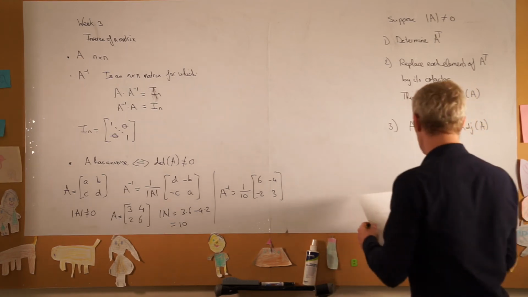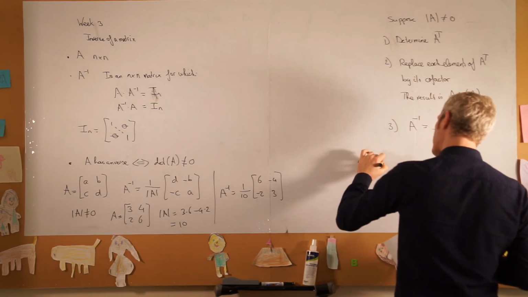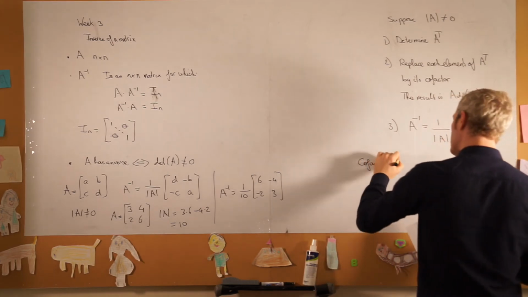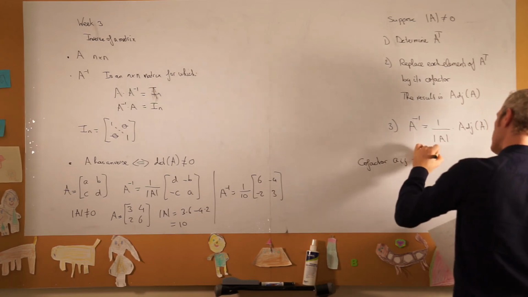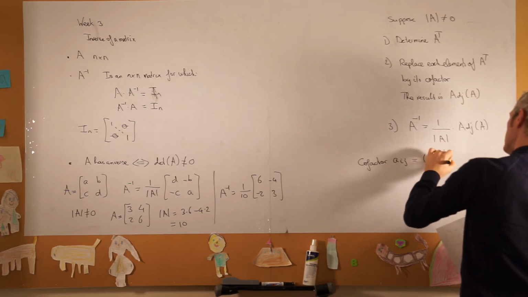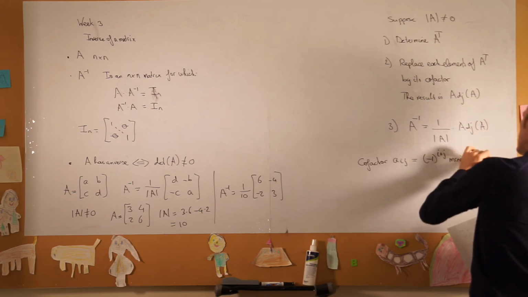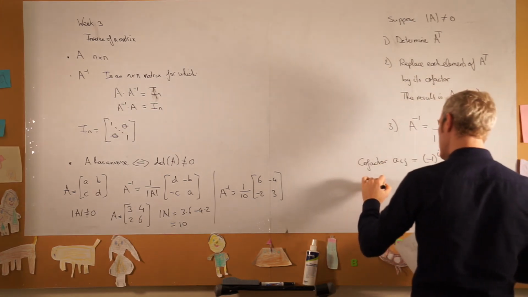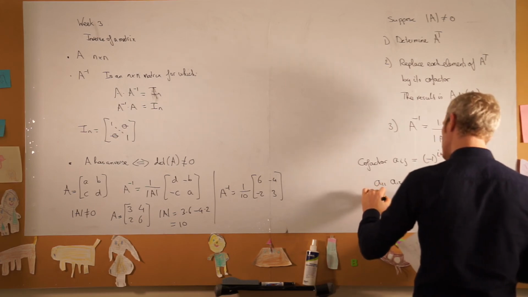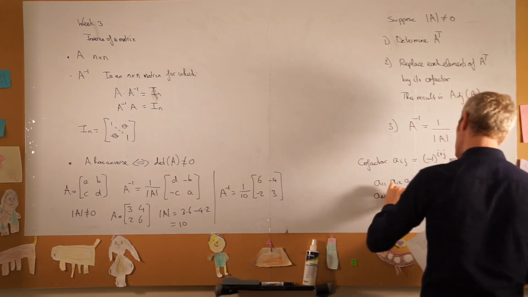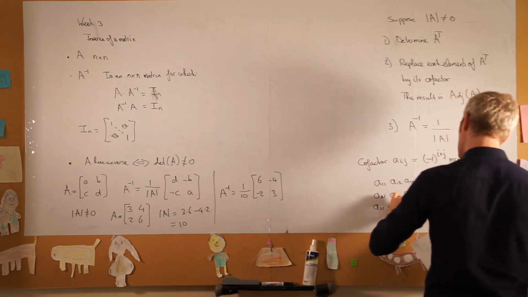I'll also just quickly show that the cofactor of element ij is equal to minus 1 to the power of i plus j times the minor of aij, and we know that the minor, let's say we have a11, a12, a13, a21, a22, a23, a31, a32, a33.